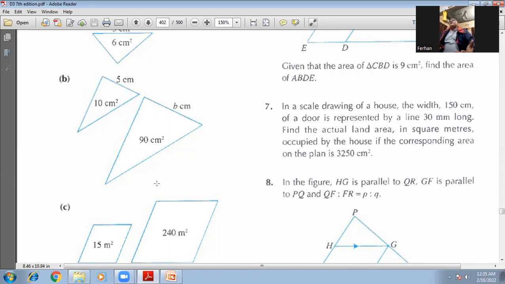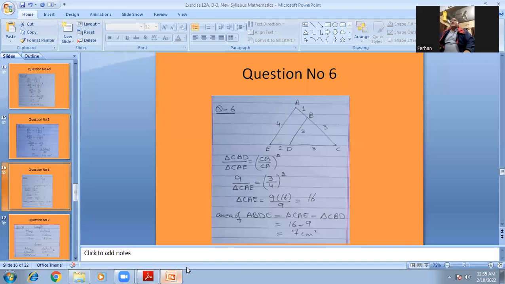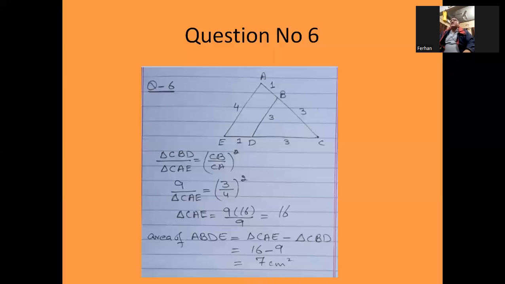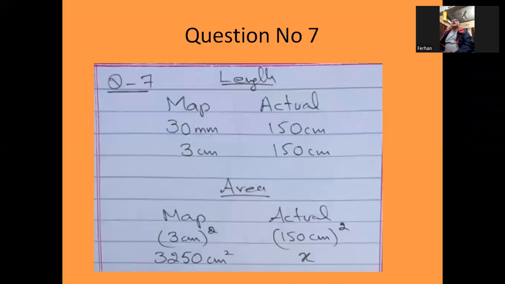So you can use that formula, area 1 by area 2 is equal to length 1 by length 2 whole square. I have used a little different methodology. Here the length on the map and the actual: 30 millimeter means 150 centimeter. So it means 3 centimeter means 150 centimeter.